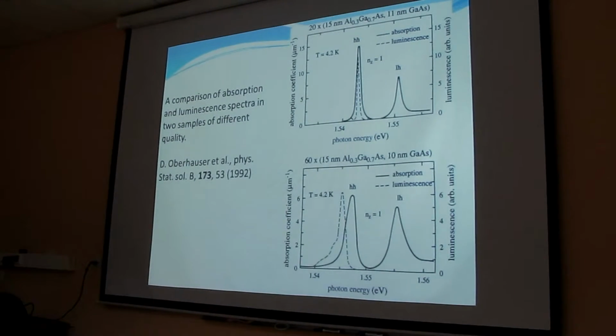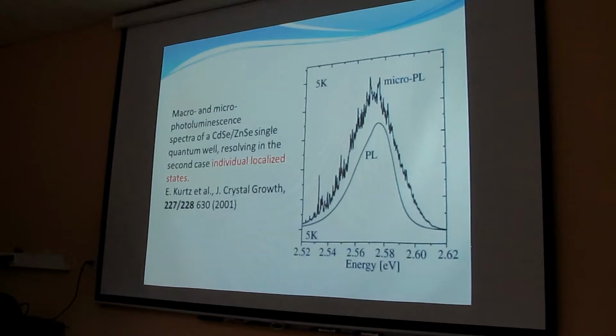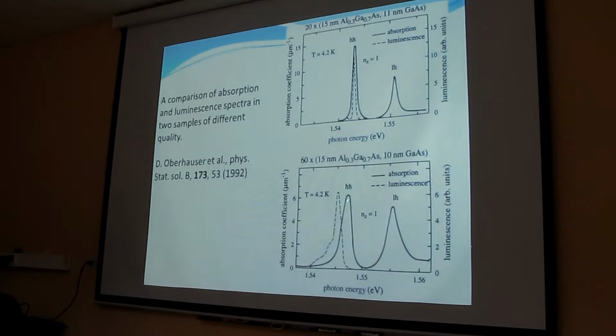If you have more well width fluctuations and more localization effects, then you get a shift between the absorption and the emission. So just by measuring absorption and luminescence, you could say the lower sample is not so good in quality concerning the flatness of the quantum wells than the upper one.